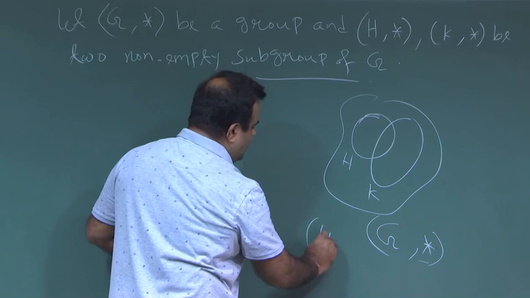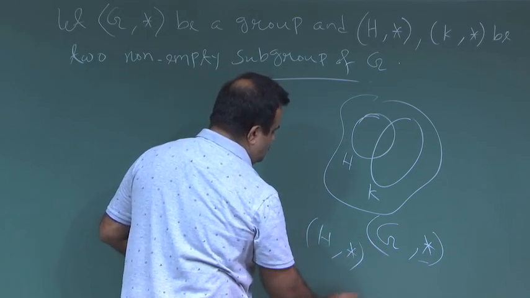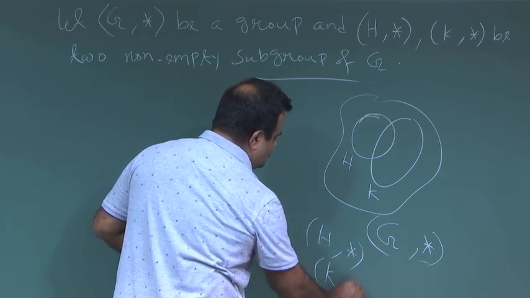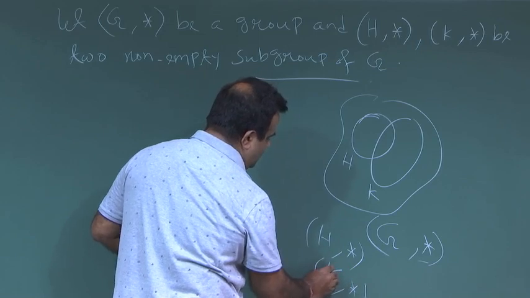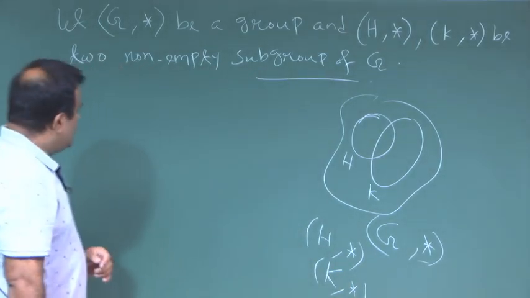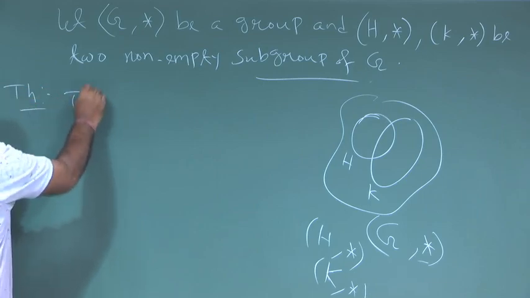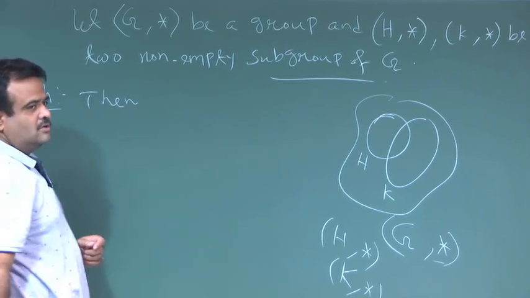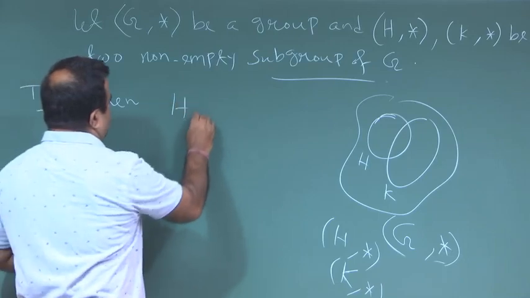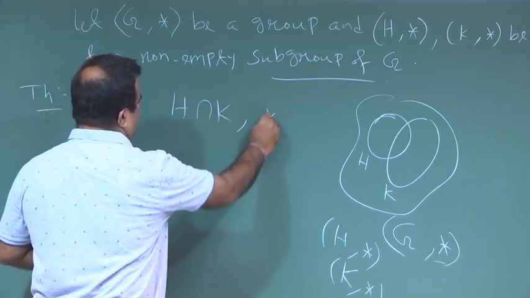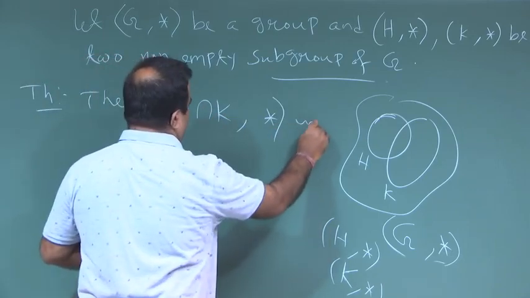So, H is also a group and K is also a group, capital K is a set. Now, the first theorem is when their intersection is also a group, H intersection K is a subgroup.